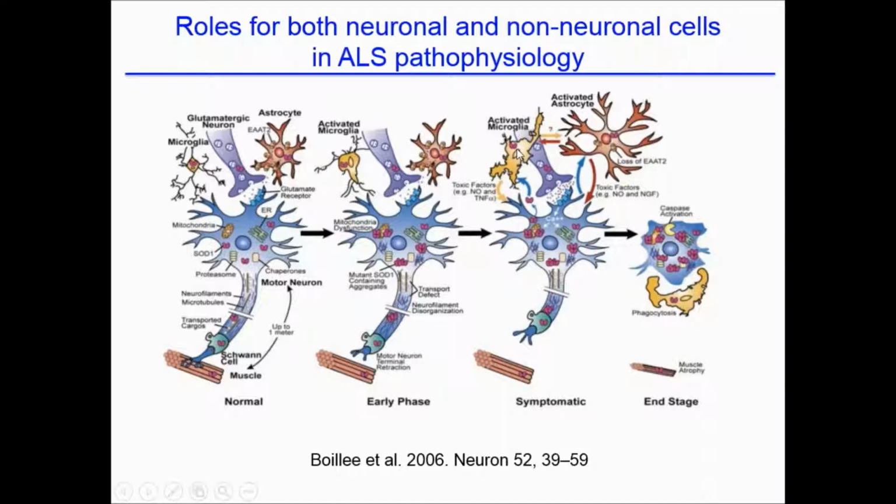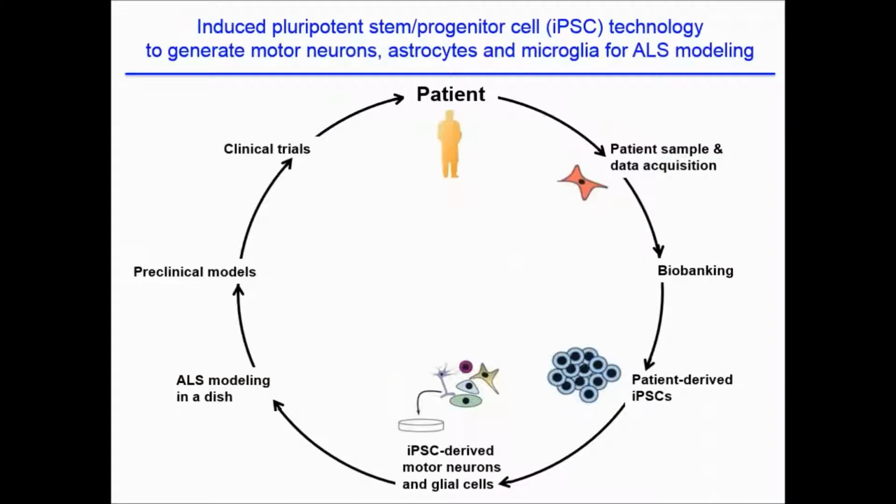We're also about to set up protocols to derive Schwann cells, and Mathilde will tell you how we are already looking at the interaction and communication between motor neurons and muscle cells at the neuromuscular junction. So today we'll give you a quick description of how these human patient-derived cells can be obtained, some of the applications we are already implementing, and therefore some of the questions that can be studied.